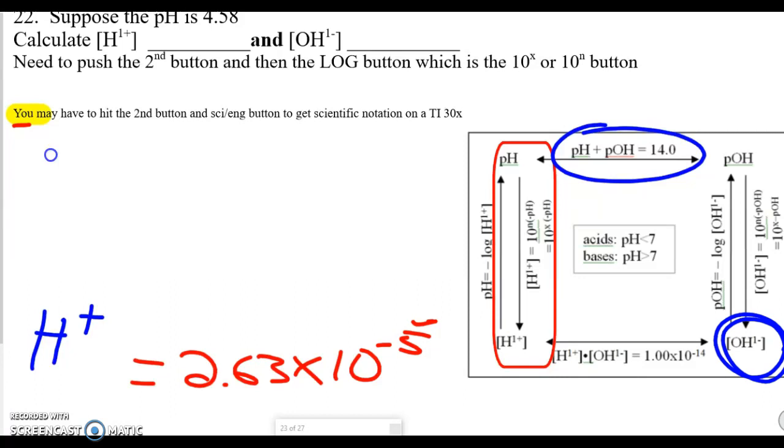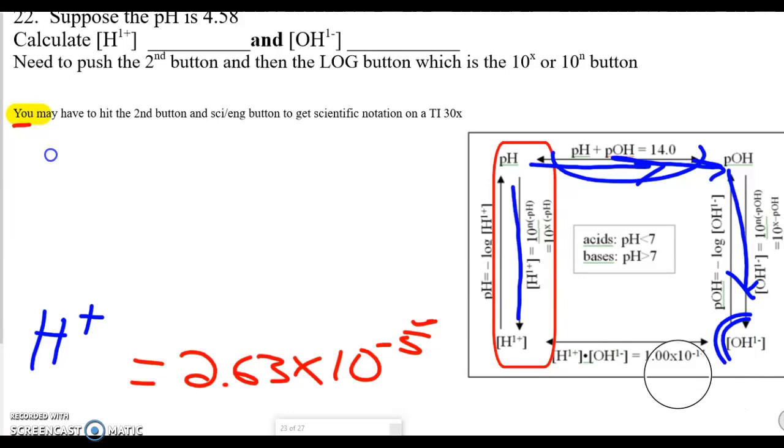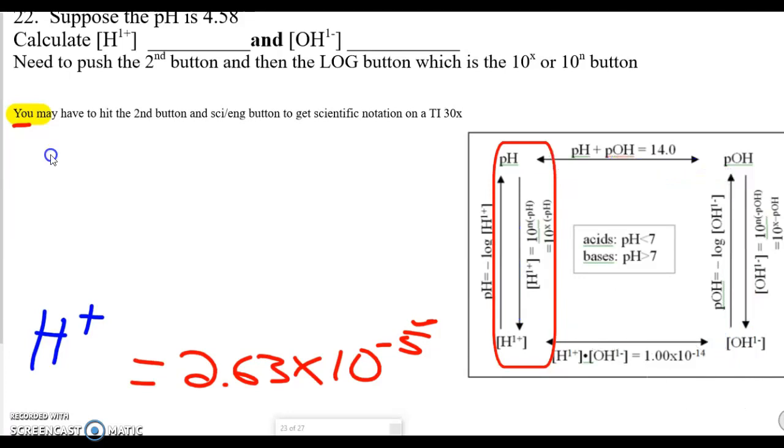I can use my pH and my pOH to get to 14.0 to get my pOH, and then I can go down here and get my hydroxide ion concentration, but that's kind of a long way to go. I know now my hydrogen ion concentration, and I can go in one step over to my hydroxide ion concentration. So the formula is right here on the bottom.